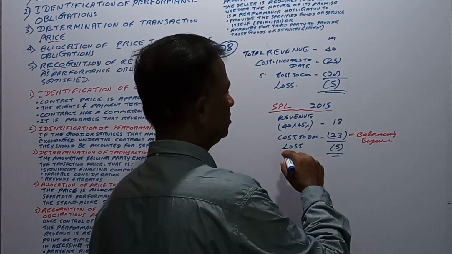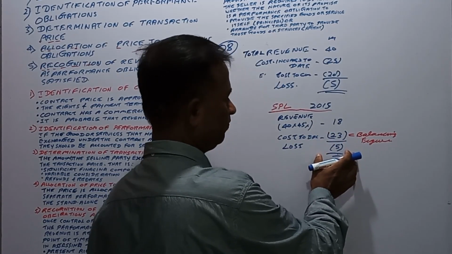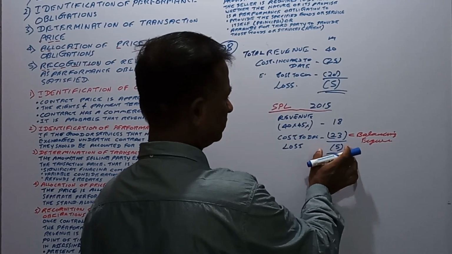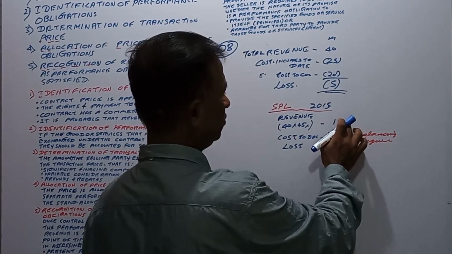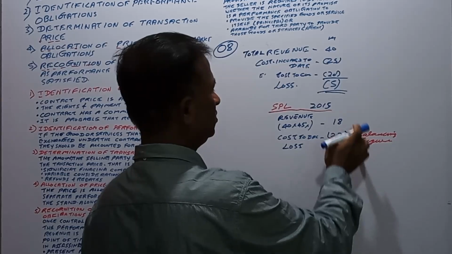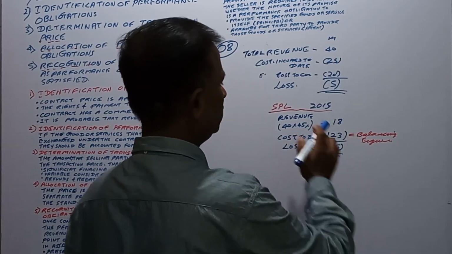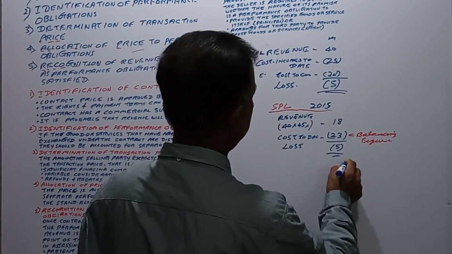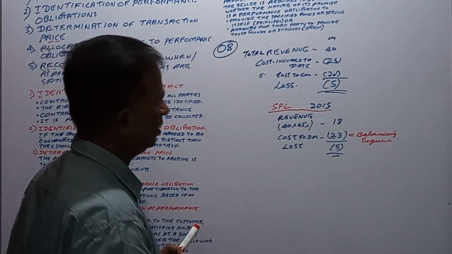Losses have to be charged then and there, right? Future losses also, contingent liabilities, everything. So we have charged the 5 here. This one we know is 18, this is 5, so the balancing figure is 23 million, that is the cost to date, right? This is how we show it in the statement of profit and loss account.